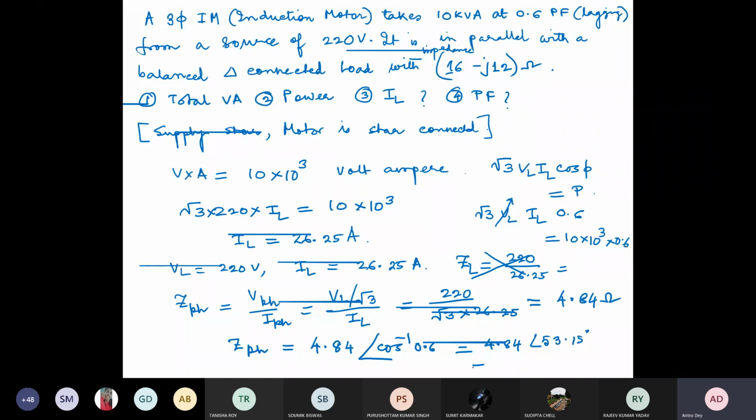If you change from rectangular to polar, it will come as 4.84 into 0.6, because that is cosine, plus j 0.8 into 4.84, so it is 2.904 plus j 3.872.